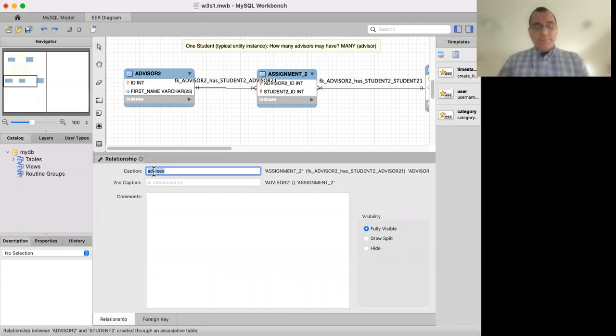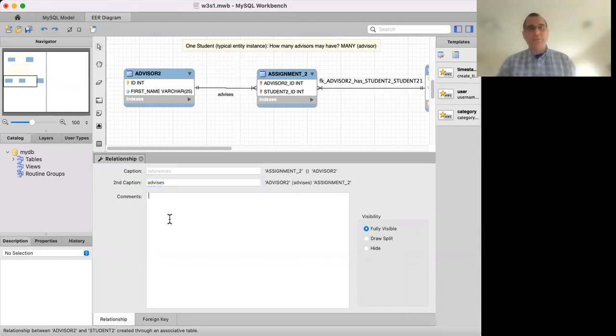And again, it's the second caption. Always use the second caption, because it's advisor advises assignment. You can use the first one, but from my perspective it's a little bit less clear. Many people are looking from the foreign key. I am looking from the parent to the child. You can do both ways, but be consistent.